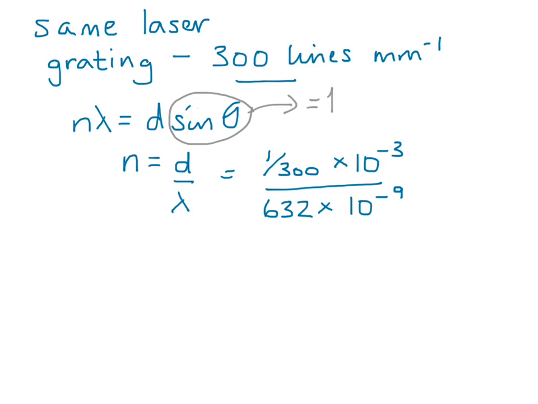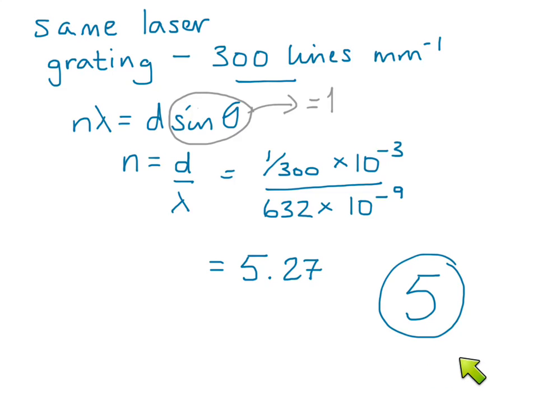Over 632 nanometres, and that comes to 5.27. And again, we can't have 0.27 of a fringe, so we wouldn't see the 6th fringe, but we would see the 5th one. So we would see the centre bright spot and then 5 bright spots on either side with this particular grating.